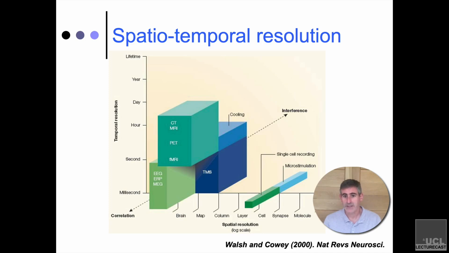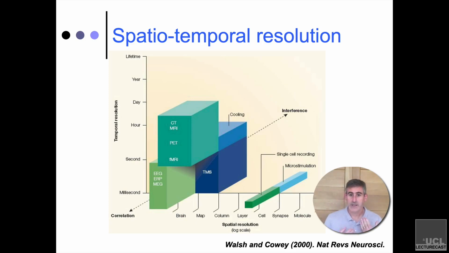So you have some advantage in terms of spatial resolution, but a disadvantage in temporal resolution. And again, more invasive methods like cell clamping or patch clamping or any of those kind of things will give you both spatial and temporal resolution, but they're incredibly intrusive. You need to drill a hole in someone's skull and plant an electrode in them. So the final dimension in Z here is intrusiveness, right?